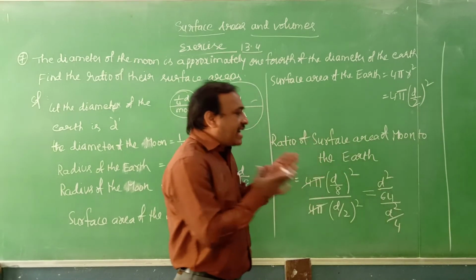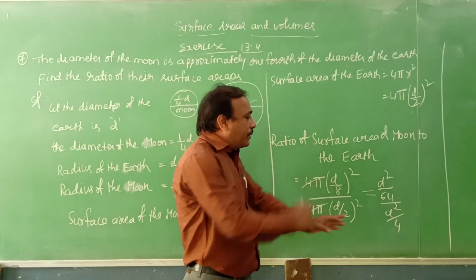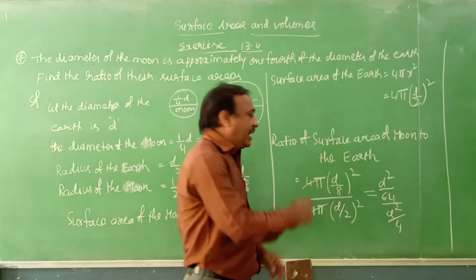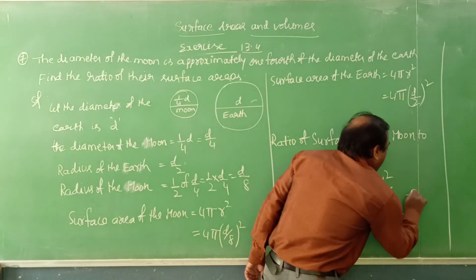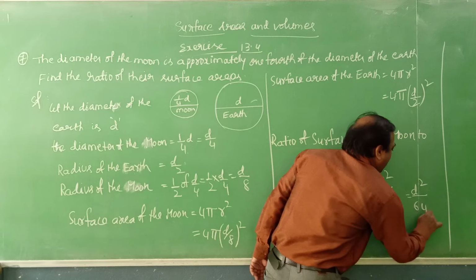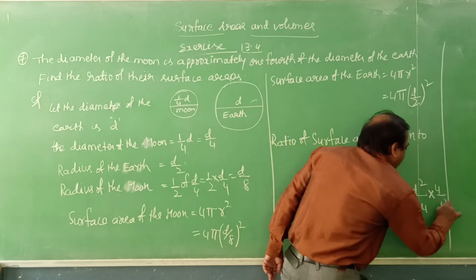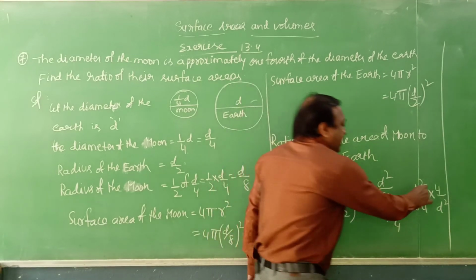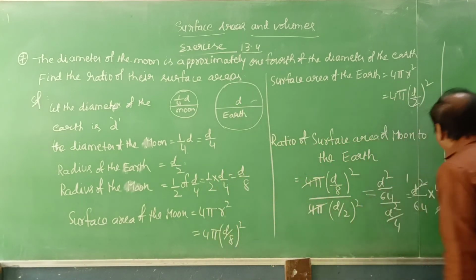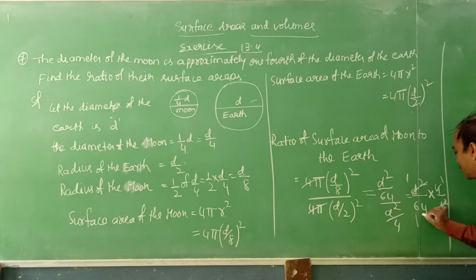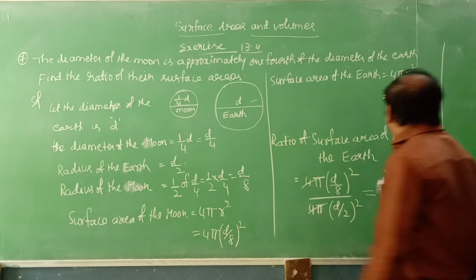Now two fractions you have. The second fraction is the reciprocal, which is d square by 64 into the reciprocal of this, 4 by d square. So d square and d square cancel. 4 ones are 4, 16s are 16.